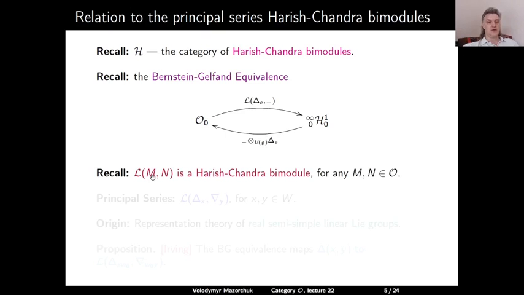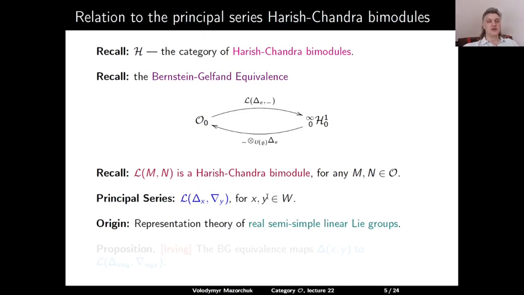Also recall that we know that for any pair of modules M and N in O, the bimodule L(M,N) is a Harish-Chandra bimodule. So the principal series Harish-Chandra bimodules are defined as L(delta x, nabla y) for all x, y in W. And the origin of this is in the representation theory of real semisimple linear Lie groups.